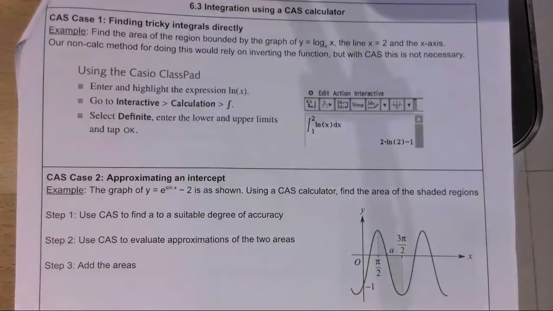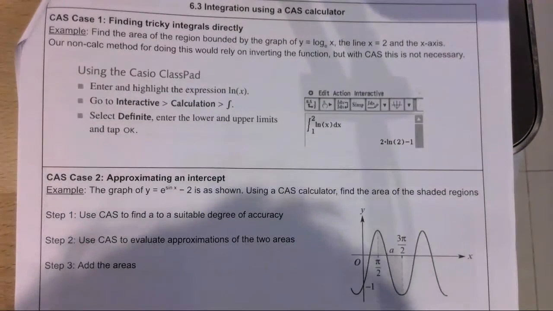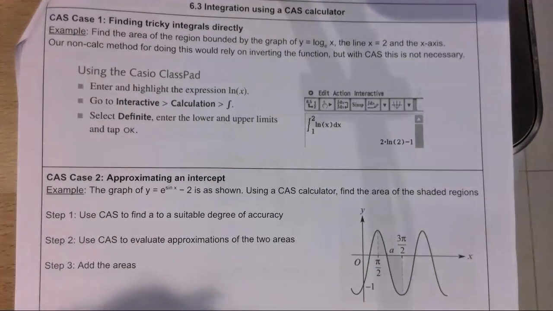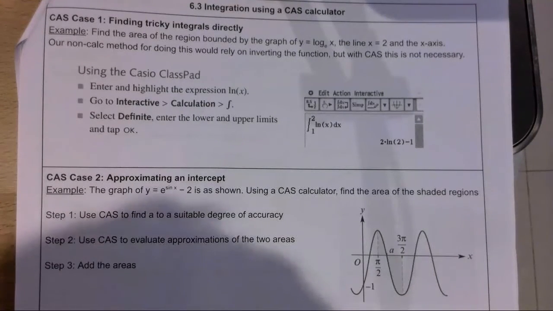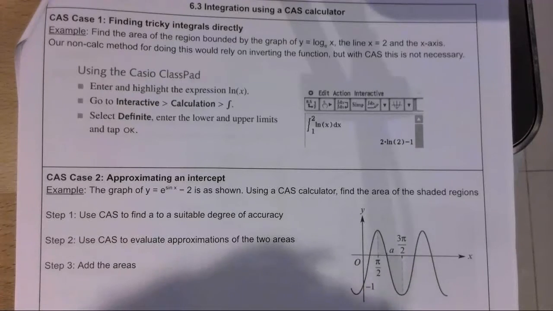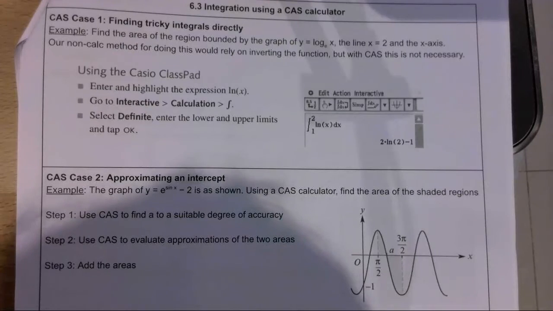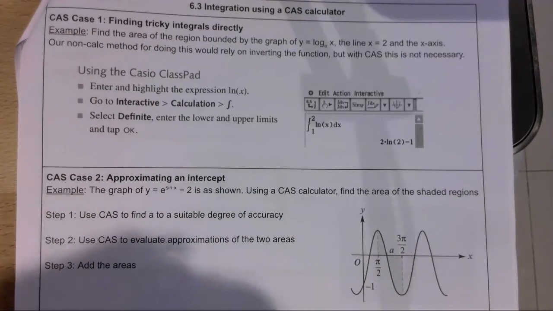So the first one is kind of what we just spoke about with that example. We've got the integral of y equals log x, and we don't have a simple analytical form for that. And so we can try something like inverting the function, like we just spoke about, or we can go to our technology and ask for support.